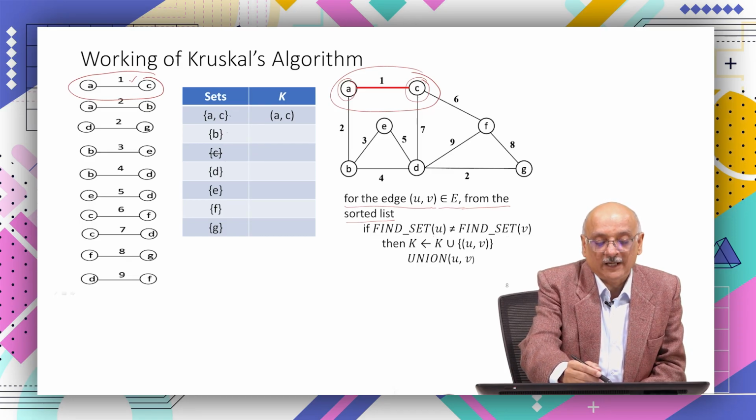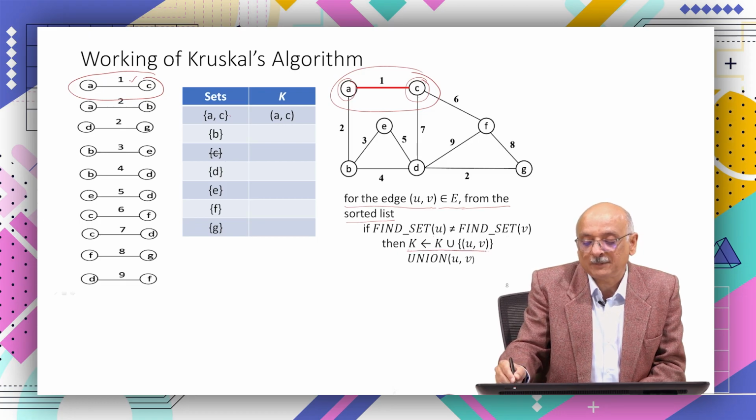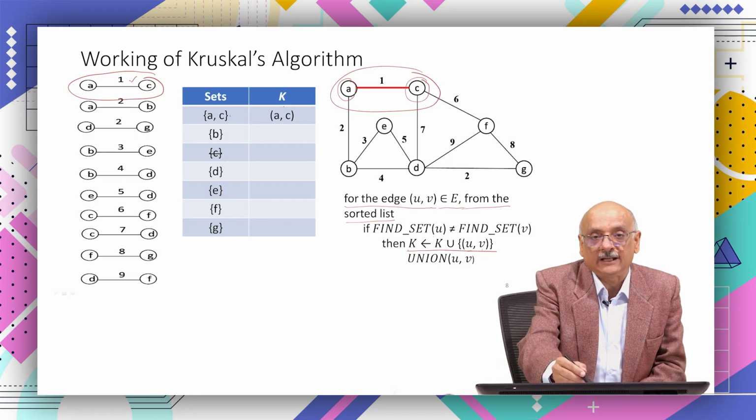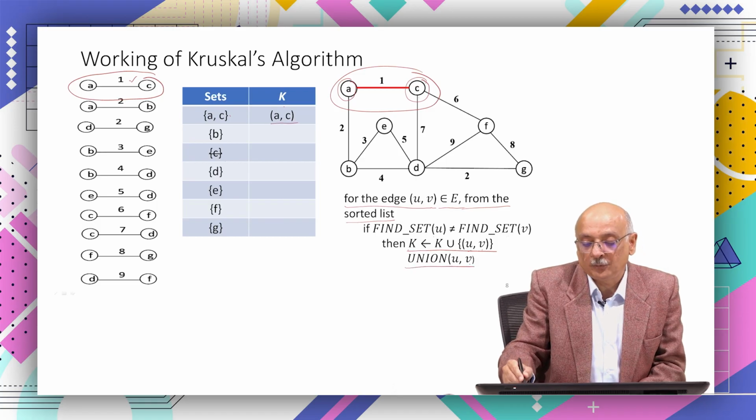So these two were different sets at the start. So when they are different sets, what will we do? We will add this particular edge into K, so AC has been put over here, and union of U and V.